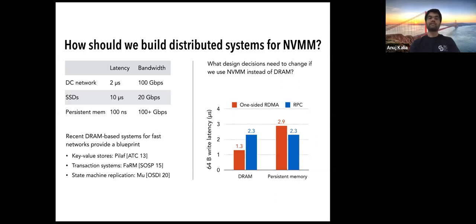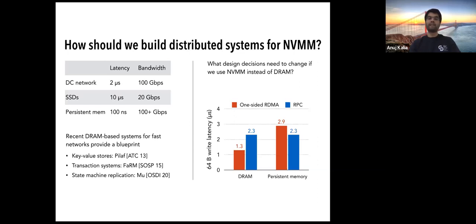The broad question at the center of our work is this: how should we design fast distributed systems for persistent memory? Since persistent memory performance is closer to DRAM than to SSDs, we should use the blueprint provided by the huge amount of recent work on fast distributed systems that use DRAM to hold their data.